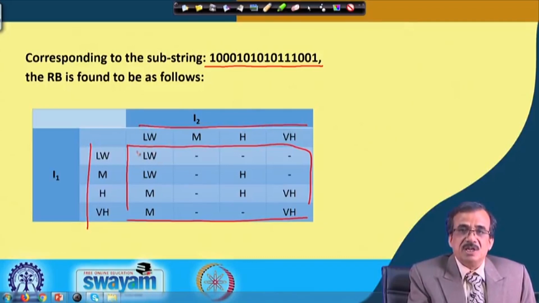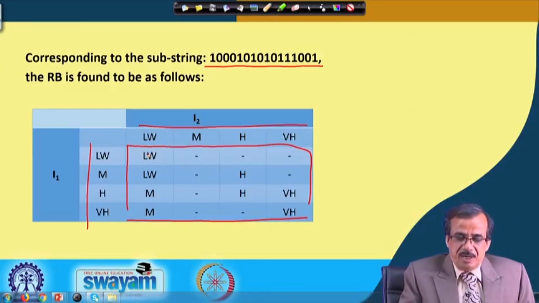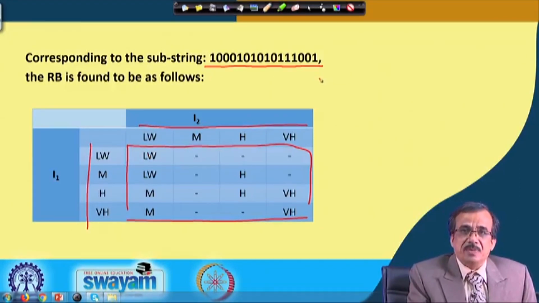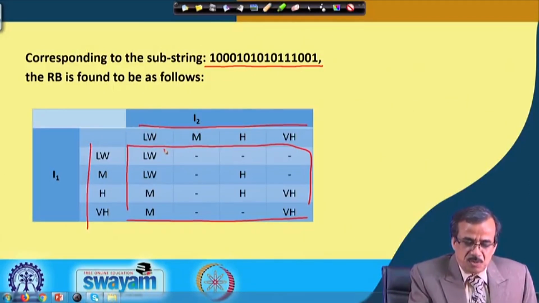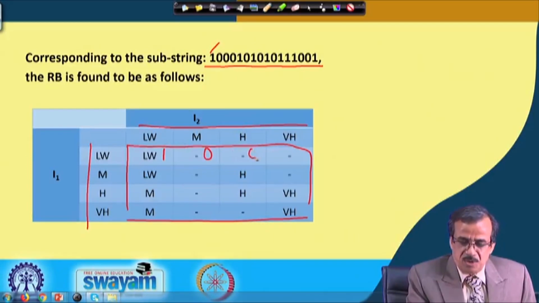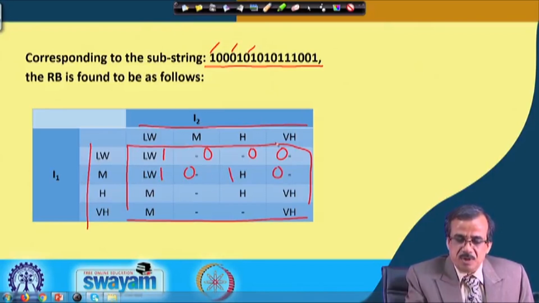So, this represents the first rule. Now, if I write down the GA string here, this is 1, then there are 3 zeros: 0 0 0. Next is 1 0. Next is 1 0. Next is 1 0.